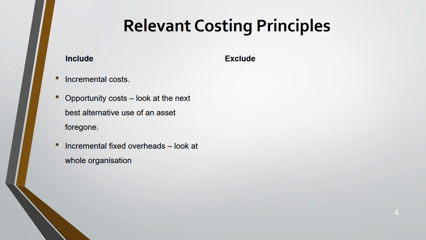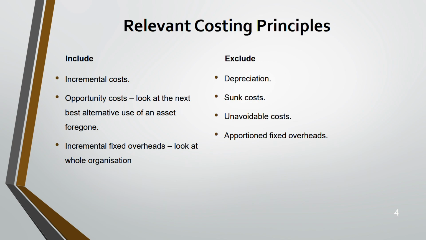Next, incremental fixed overhead. You have to include it, looking at the whole organization. These are the things you have to exclude, as they are not relevant. Depreciation is a non-cash expense, by the way. It's an accounting adjustment, so exclude. Sunk cost, exclude. Unavoidable cost, exclude. Unavoidable means no matter what you do, you still cannot avoid those costs.